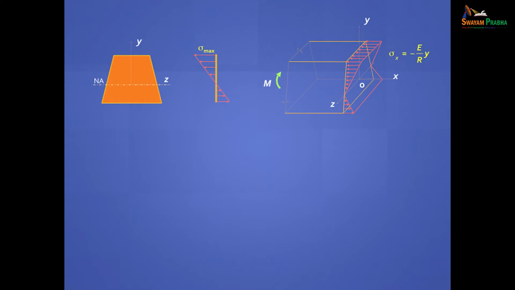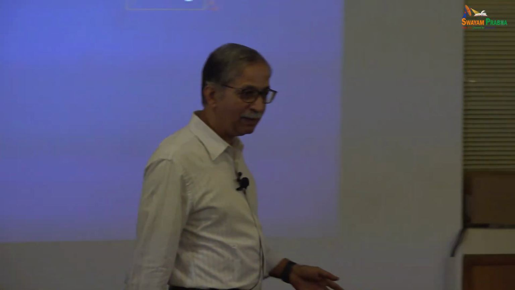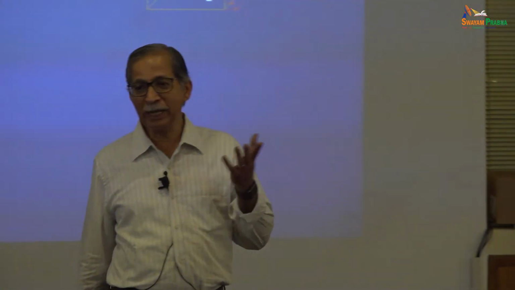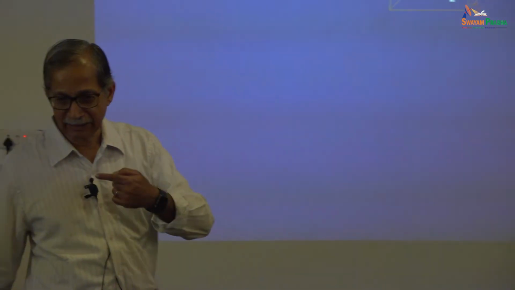They'll all go up together the same amount, which means we are saying that the strains are all the same. At any depth above or below the neutral axis, the strains are all the same, and therefore the stress is all the same, and so you need not look at the cross section. You can treat it as a point on a line axis.